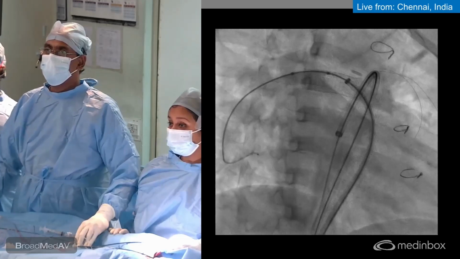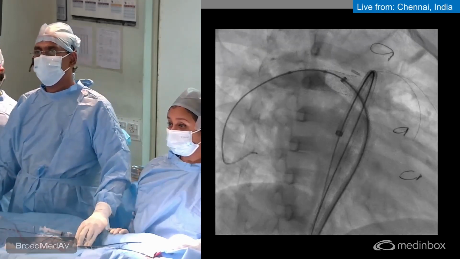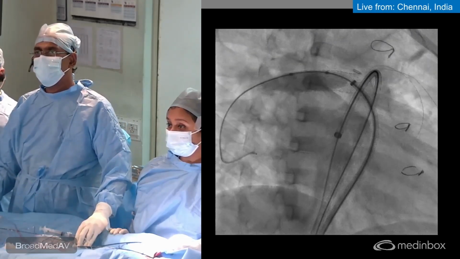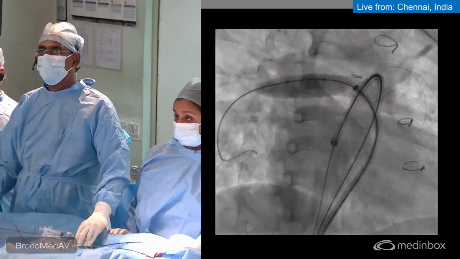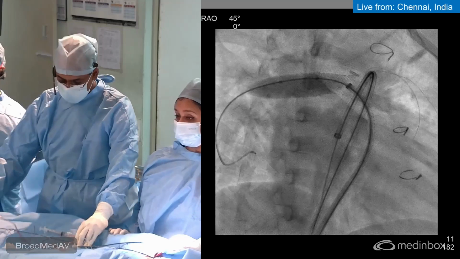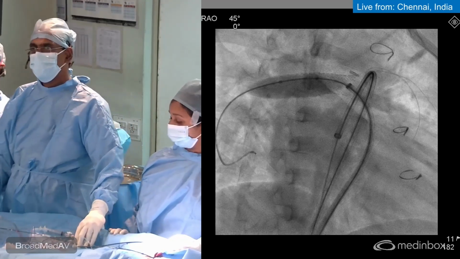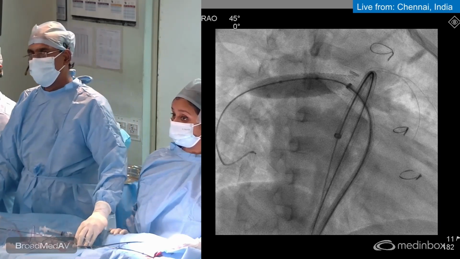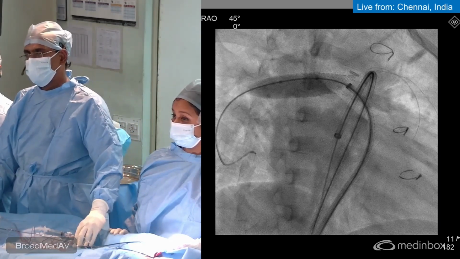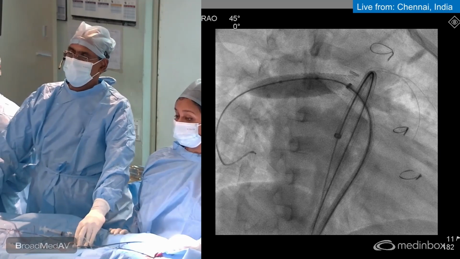Yeah, inflating. Fully inflate. I'm going to 6 atmospheres, 8 atmospheres, 10, 12, and 14 atmospheres. Okay, now deflate, fully deflate. So we probably should have fixed the distal part of the stent now.